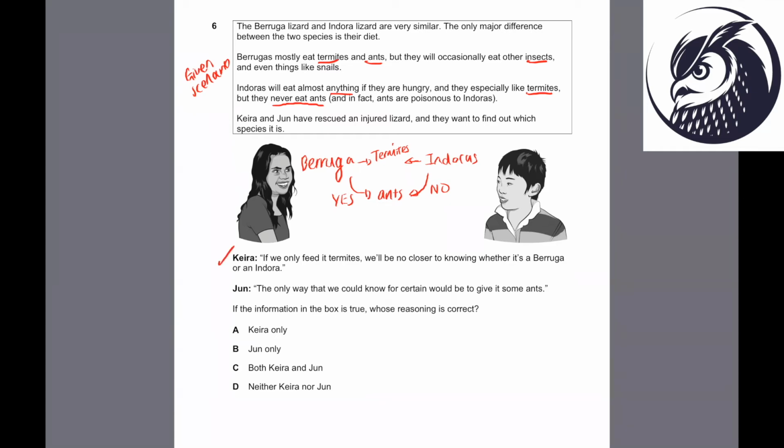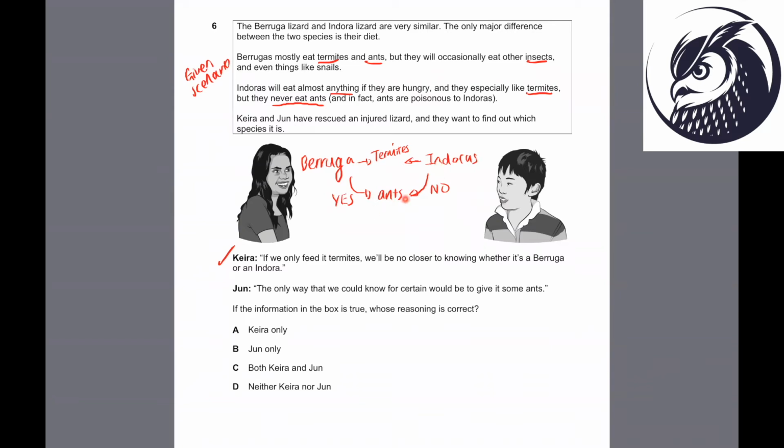So let's give that a tick. Now let's look at Jun's statement. Jun says the only way we can know for certain would be to give it some ants. Let's look back at our diagram. Belugas will definitely eat the ants and indoras definitely won't.